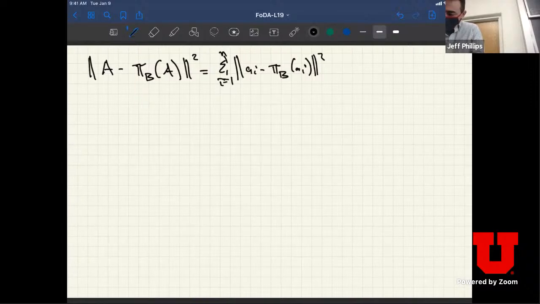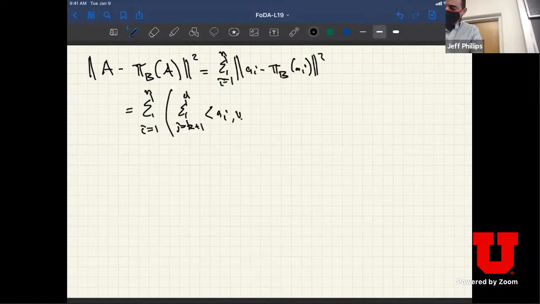And I can write this as the sum from i equals 1 to n, right? That's the same sum. Each of those terms is the sum from j equals k plus 1 up to d of ai dot vj, squared. So that's just bringing down the terms inside the square.